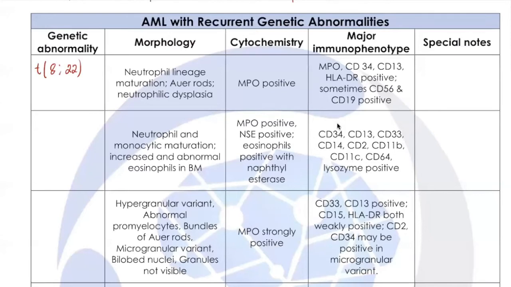Maybe they might be asking of the exact genetic loci, meaning yung location sa chromosome, yung part ng chromosome na nag-translocate or lumipat. So this is a translocation from the long arm of chromosome 8 to the long arm of chromosome 22, specifically the Q22 to Q22.1 of chromosome 22.